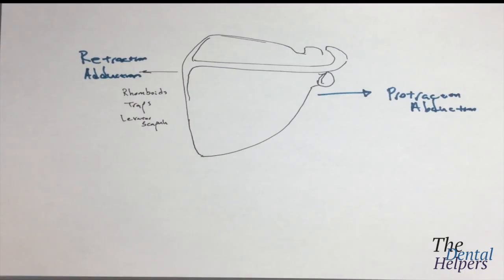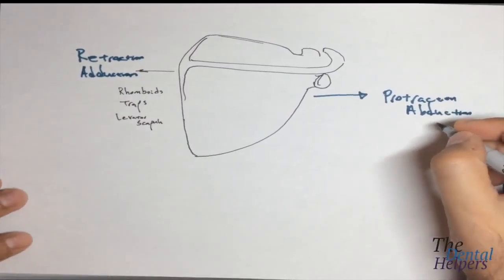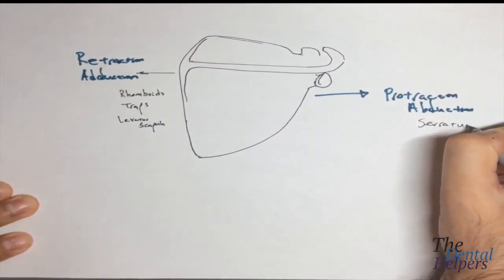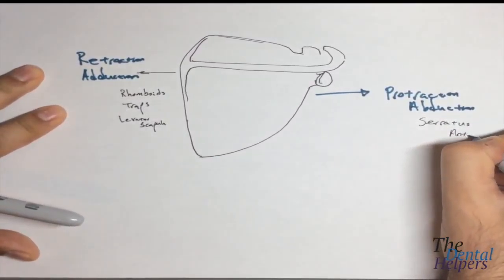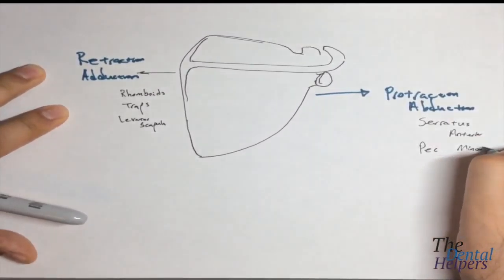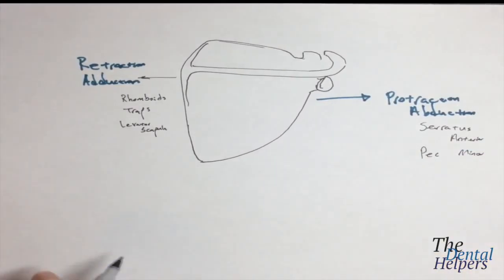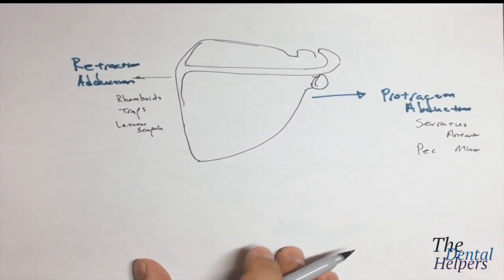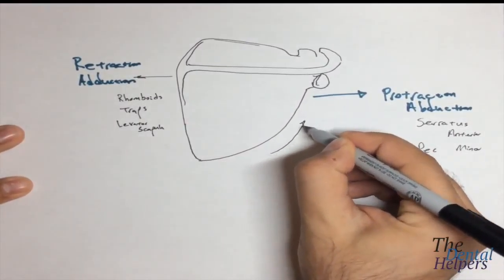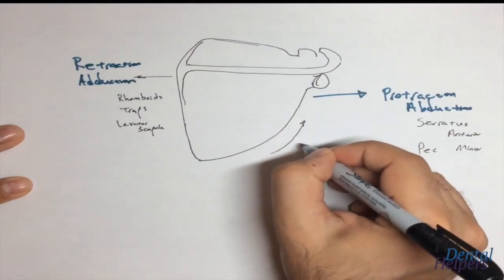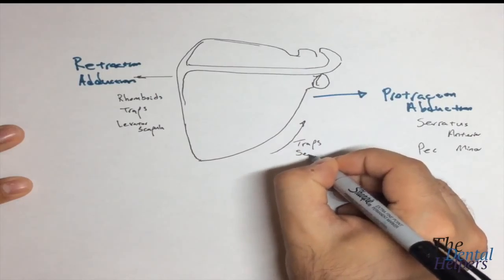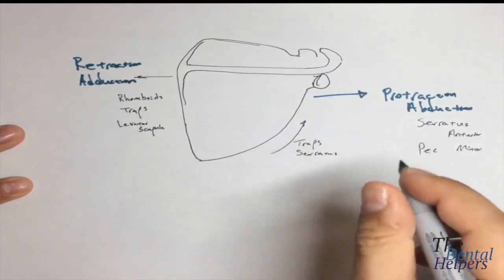This is rolling your shoulders forward, and the muscles involved with that are the serratus anterior and the pec minor. Now, if we were to roll the shoulders up, the muscles involved are going to be your traps, your serratus anterior, and your rhomboids.